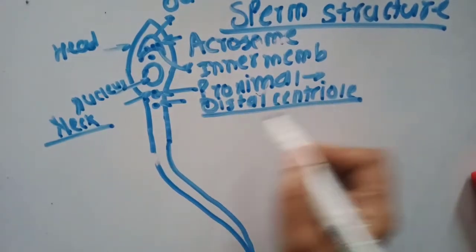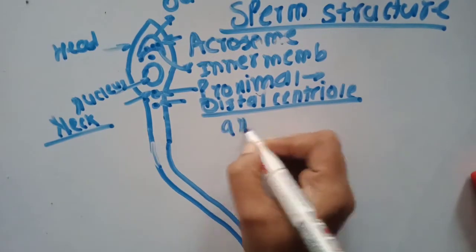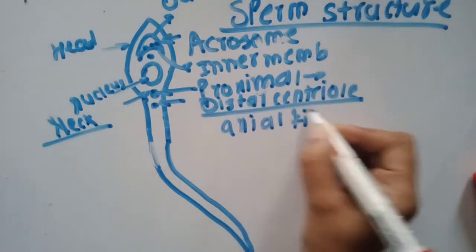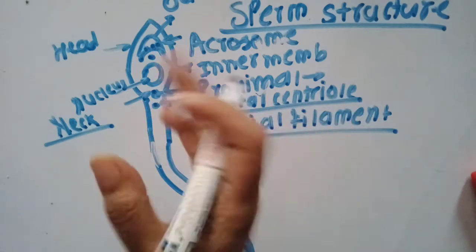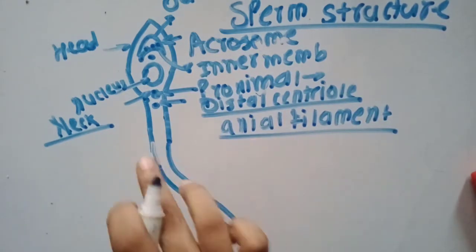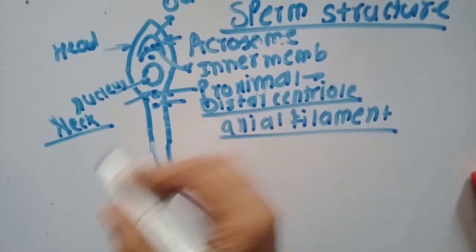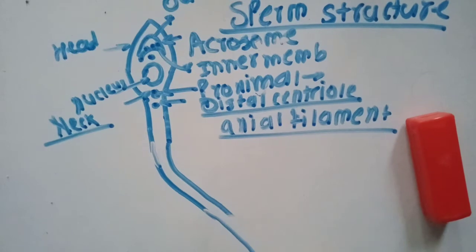The distal centriole gives rise to the axial filament. What is the axial filament? The movement of the sperm is a whip-like motion. It gives flexibility to the sperm and helps in sperm movement.